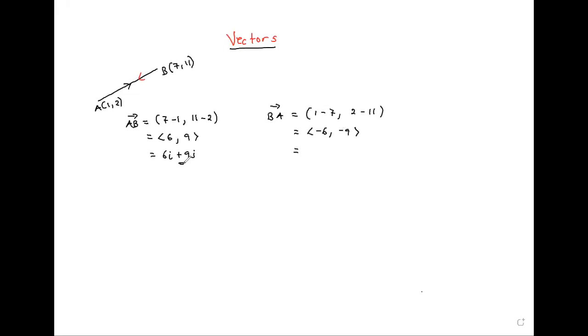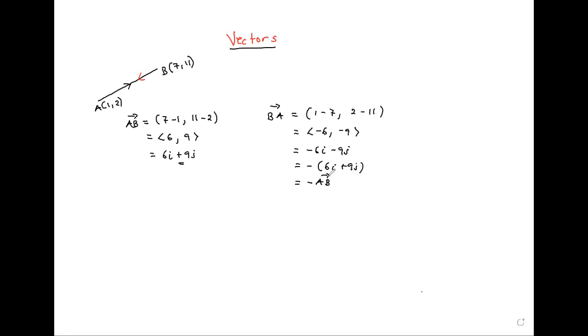If we write it in this form, we'll have -6i minus 9j, telling us that this guy is just a negative of AB. So if you change the direction, then the signs also will change.